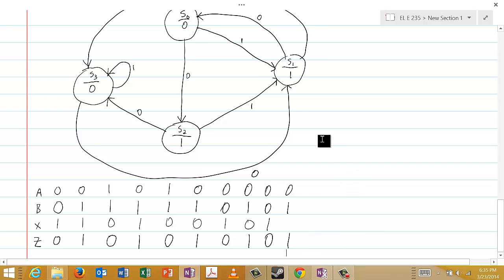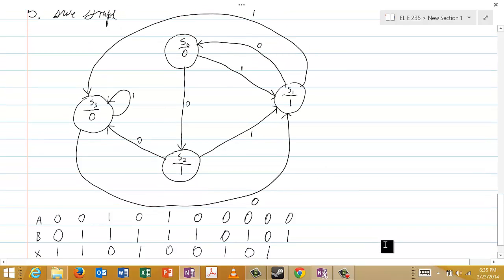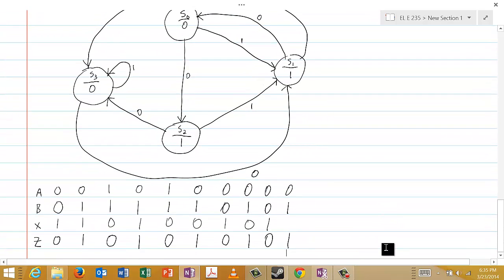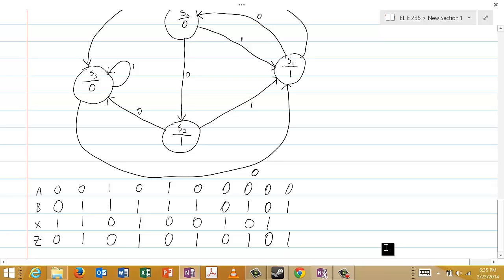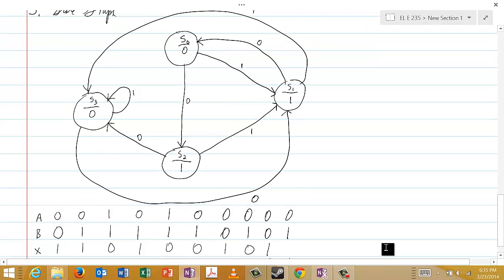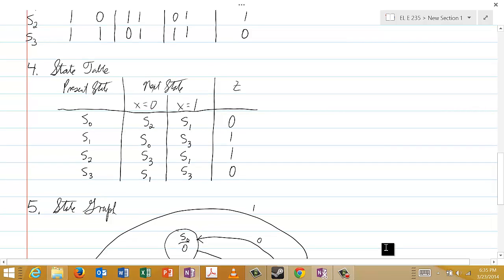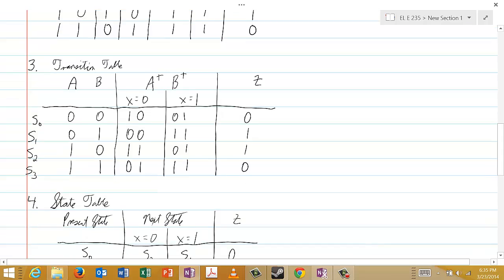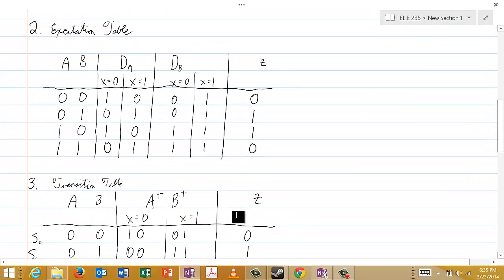And that's an example of how the state graph can be used to predict the behavior of our sequential circuit. But remember, the state graph just represents what's in the state table, which just represents what's in the transition table.